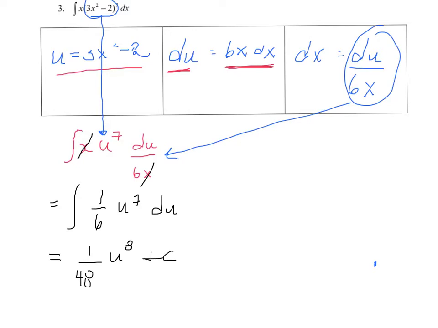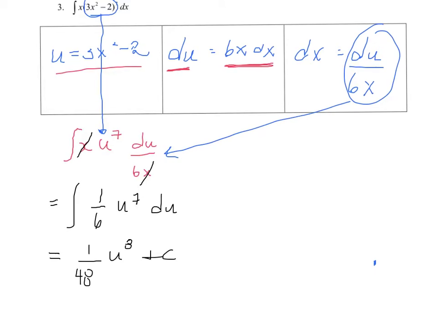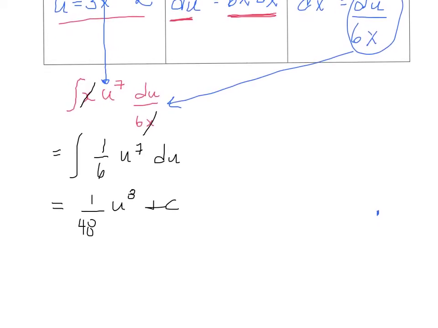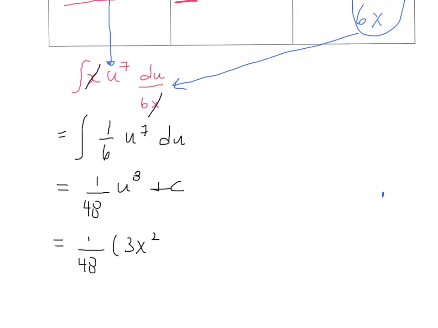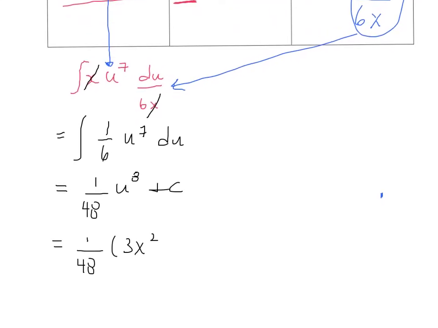But I still have to go back and substitute in for the original function. So my last step is 1 over 48 and then 3x squared, I think it was, sorry, just checking really quickly, minus 2, to the 8 and plus c.